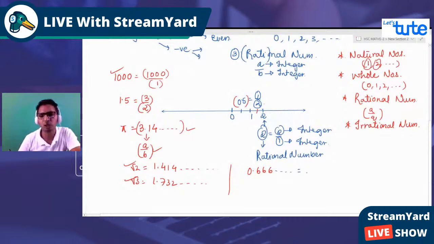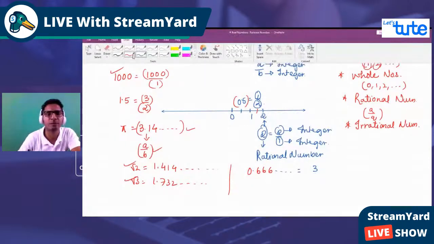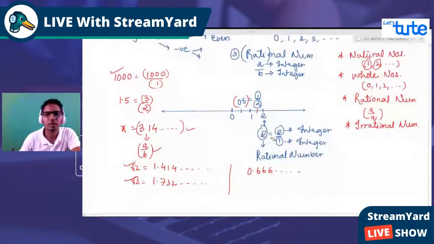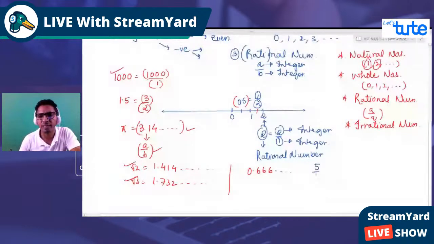Just to make sure you know this, let me make it very clear. We can divide. Suppose I want to divide 5 by 3. Let me take some other example. Suppose I want to divide 5 by 3, what will I get?